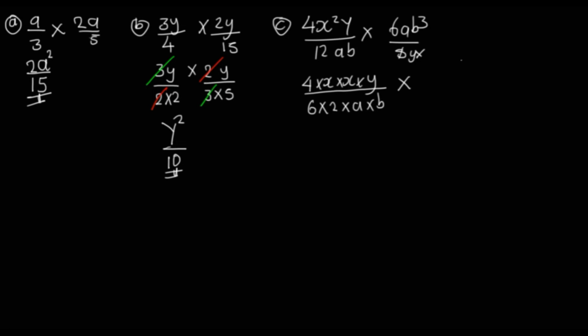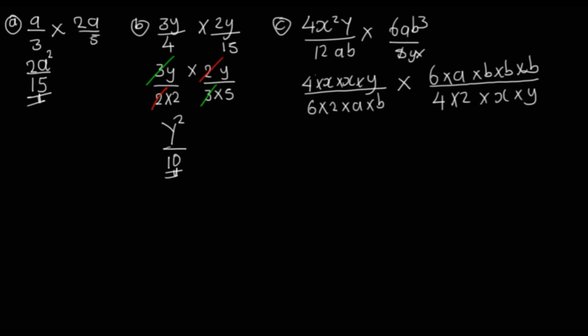Then we have 6 times a times b times b times b, since we have 3 b's. Over 8 can be written as 4 times 2 times x times y. So now, after we have done the expansion, let's do the simplification.